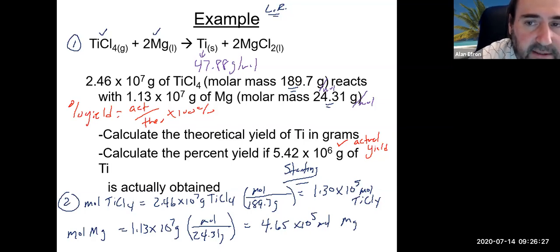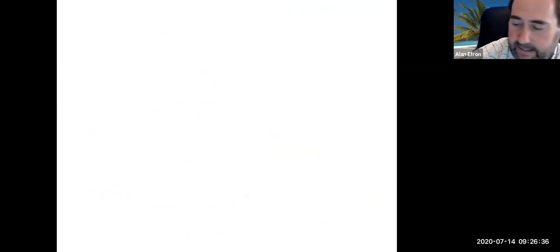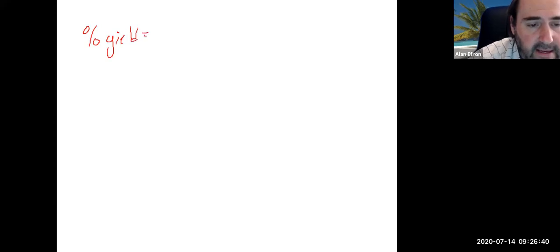So to finish up this problem with what it was actually asking for, which was the percent yield as well, our percent yield is our actual divided by our theoretical times 100%.